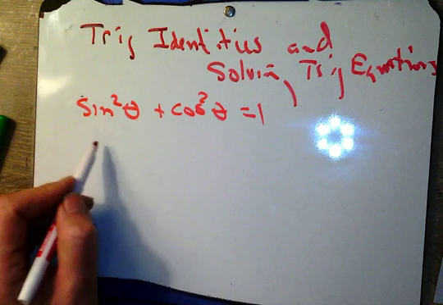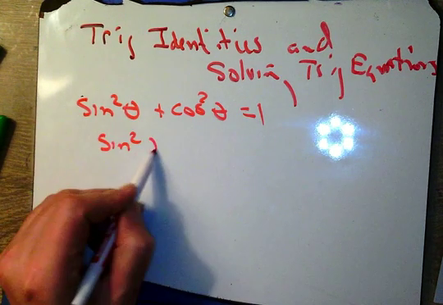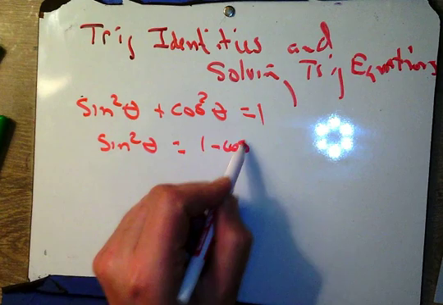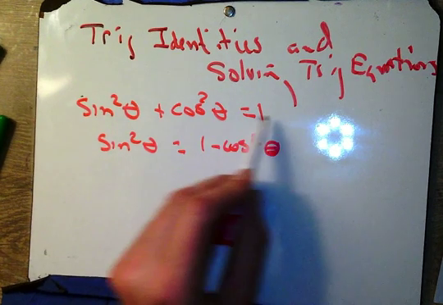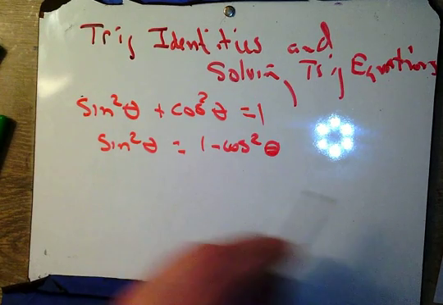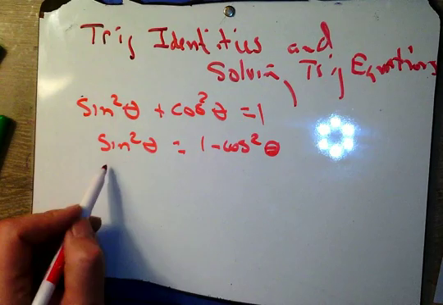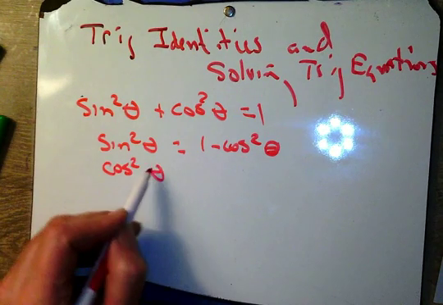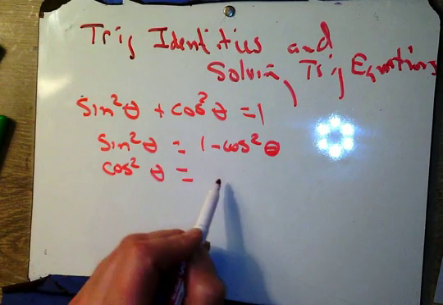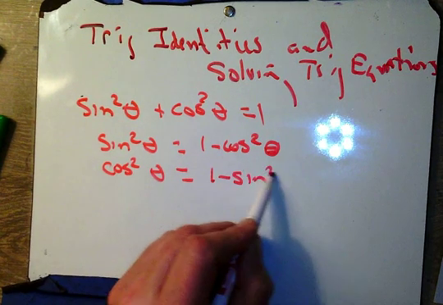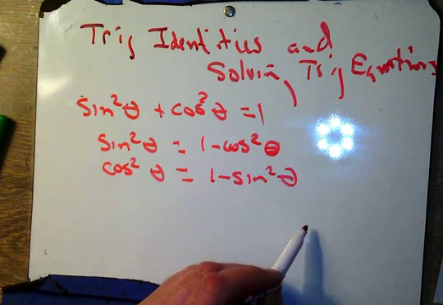But you're also going to have to know that sine squared equals 1 minus cosine squared, because I subtract cosine squared from both sides. Or if you subtract sine squared from both sides, the cosine squared theta equals 1 minus sine squared theta. Yeah? So you need those.